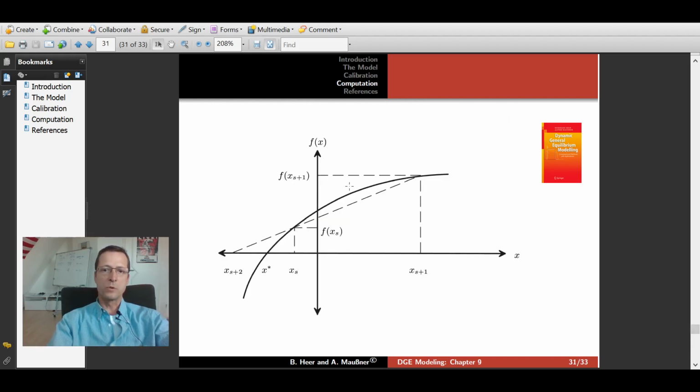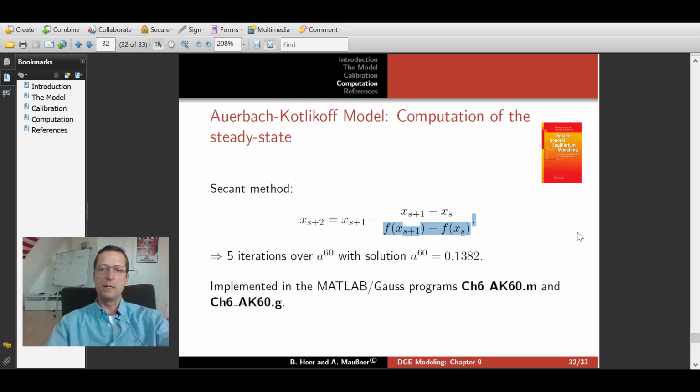So we just compute here the derivative at this point as a guess, and we approximate it by the slope of the secant, and this is just a Newton-Raphson algorithm in disguise here. And when we apply this update to compute A60, well, it's very fast.